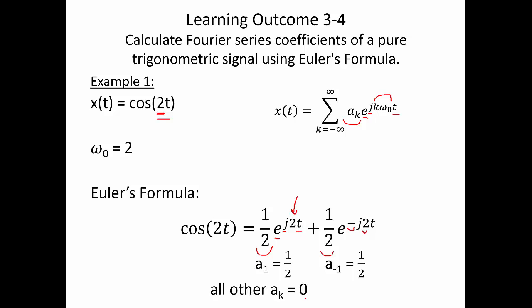All other a sub k are 0. This is important to include because we're looking at writing this x of t in terms of a sub k for k's from negative infinity to positive infinity. We've only written out 2 a sub k's here. All the other a sub k's are 0 in that summation.